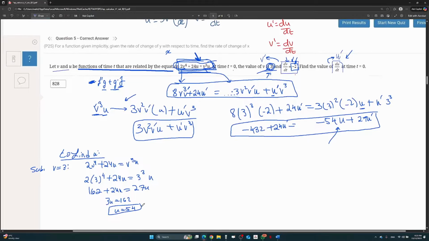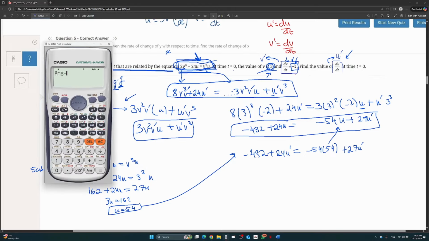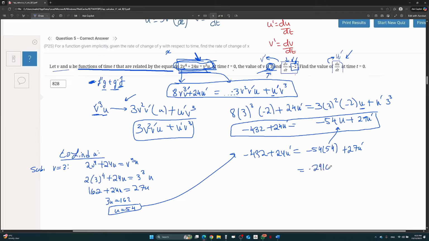So now we can go here and put in u as 54. And solving for u prime, we can easily get it. So it's going to be minus 2916 plus 27 u prime on one side and 24 u prime and minus 432 on the other.